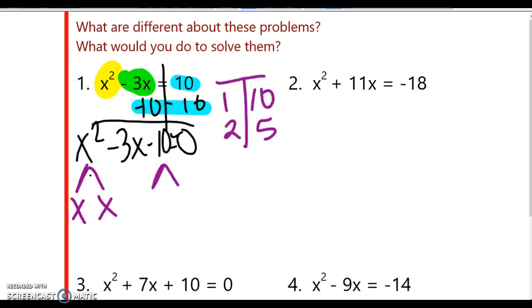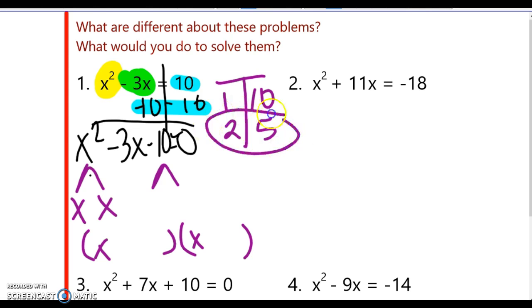All right, so I know that I've got x and x. What multiplies to give me negative 10 and adds to give me negative 3? I'm going to go with positive 2, negative 5. Does that work?